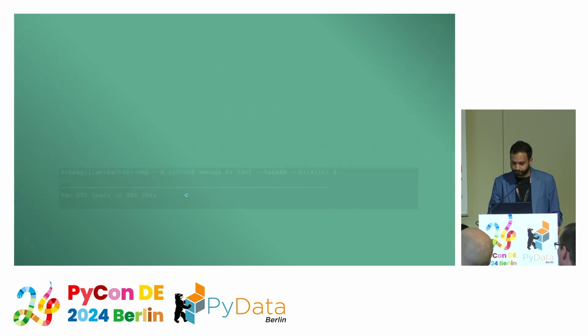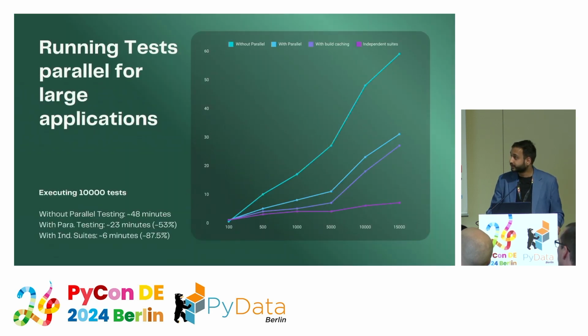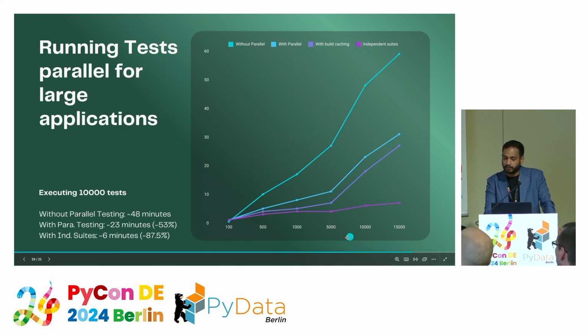And here's a graph. This is a very important graph. This blue line you see is running unit tests without using the parallel keyword in Django. And you can see that this drives up exponentially when you increase the number of unit tests.